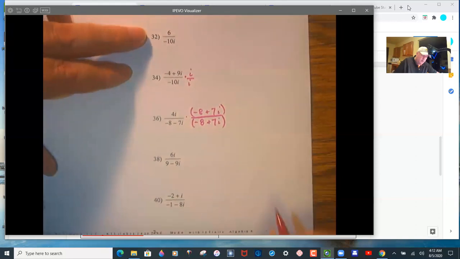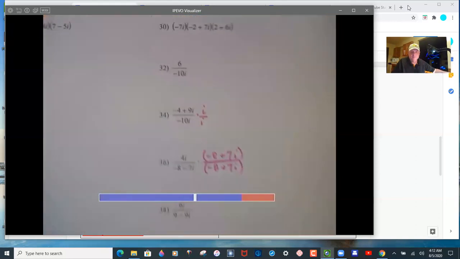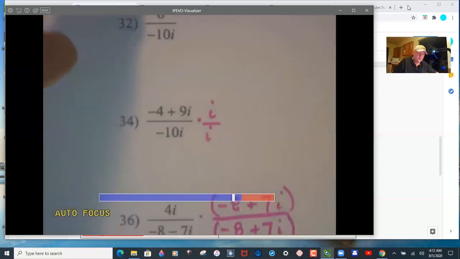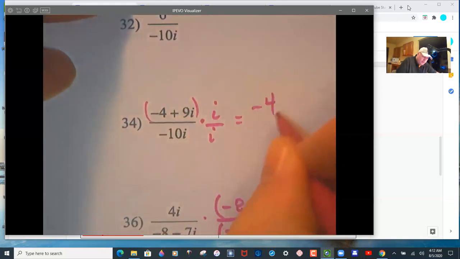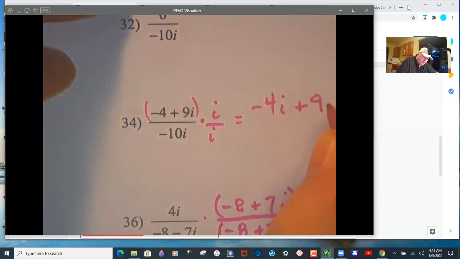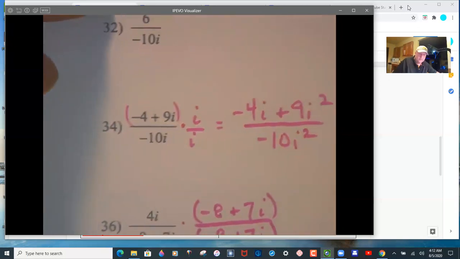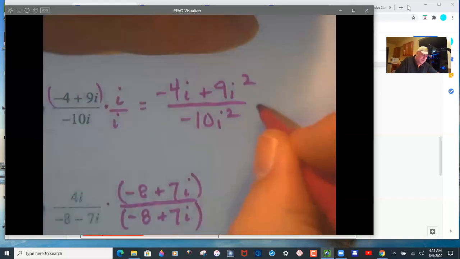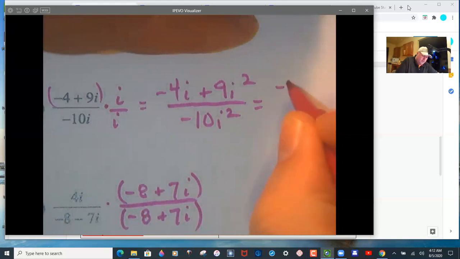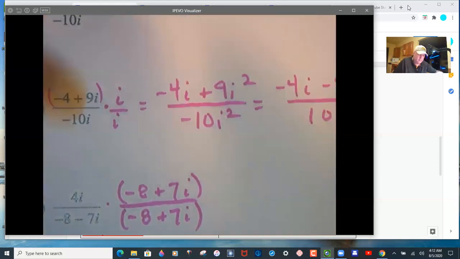But I would prefer, for the sake of these, that you use your calculator. It's a lot quicker. So remember that i squared is -1. So on the top we have negative 4i minus 9, and then on the bottom we have 10.